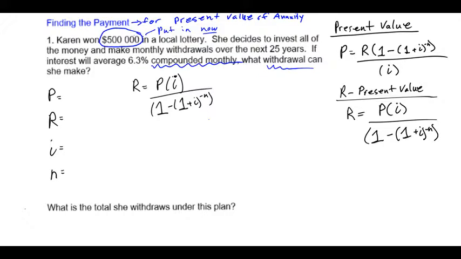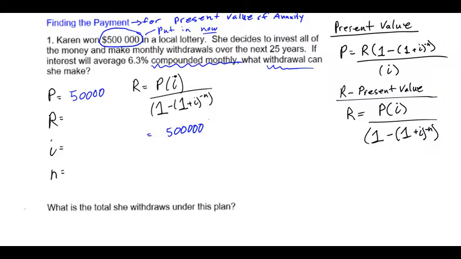Firstly, we identified the present value. The present value ends up being 500,000. So let's fill that out. The next thing we have here is our interest, which turned out to be 6.3%.